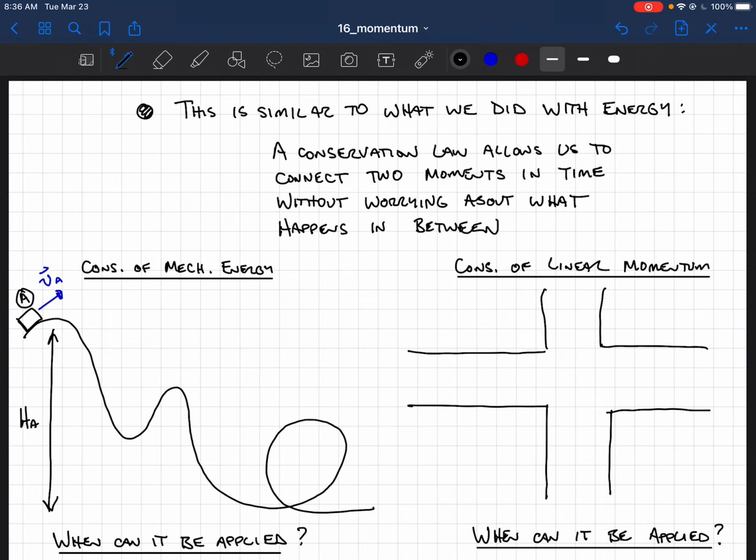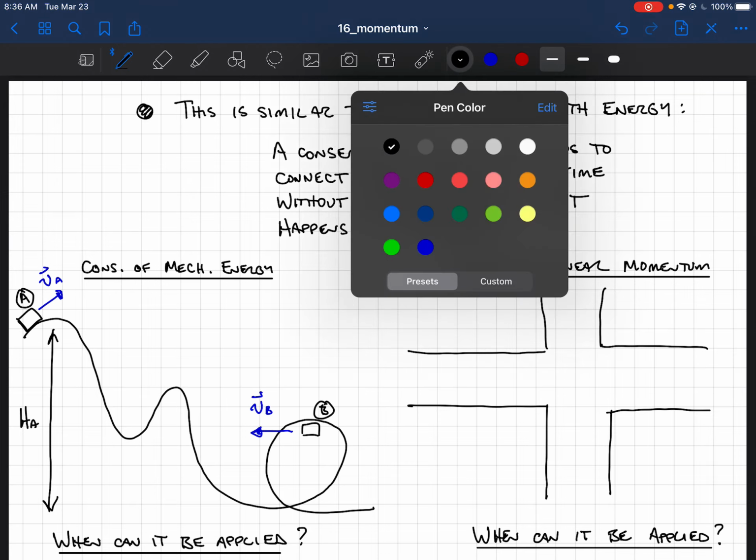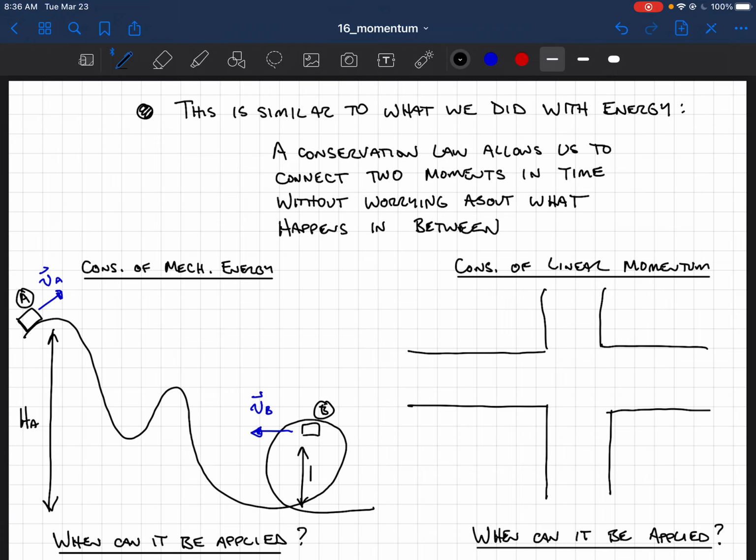And then we might want to relate it to what's happening at this moment here, where it has some final speed at point B and some final height at point B. We were able to use energy conservation to talk about the connection between these two moments without having to think about what happened in between.